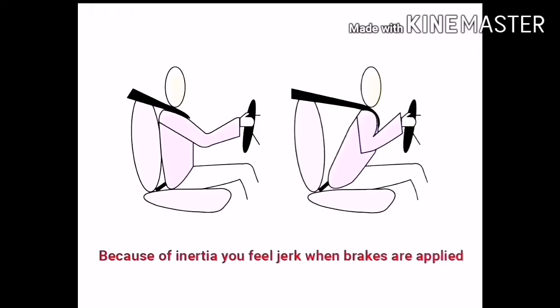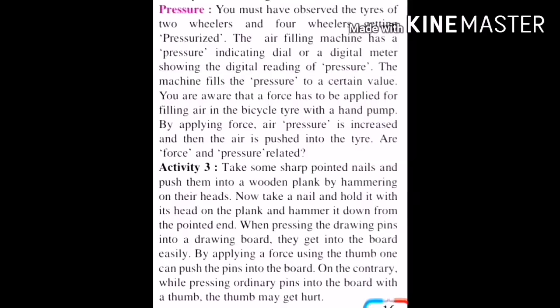So students, why does this happen? Because the lower part of their body, which is in contact with the bus, comes to rest, but the upper part of their body, due to inertia of motion, continues to move. So students, in short, what is inertia of motion? If the object is moving, it tries to keep moving.